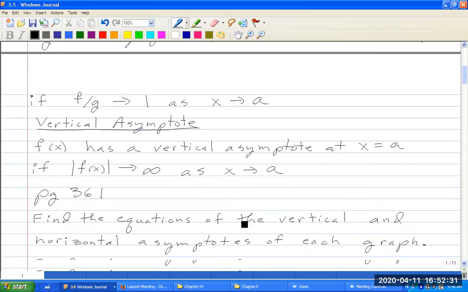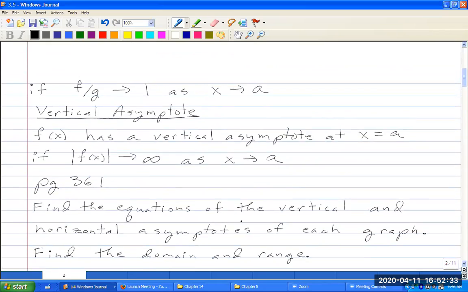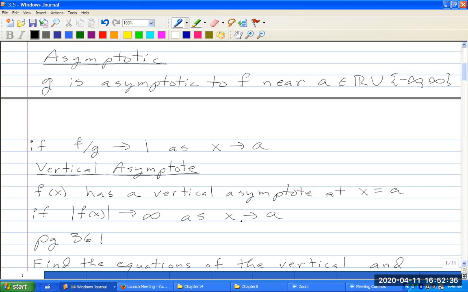Oh, I didn't say what the horizontal asymptote was. The horizontal asymptote is an asymptote such that you approach some constant.